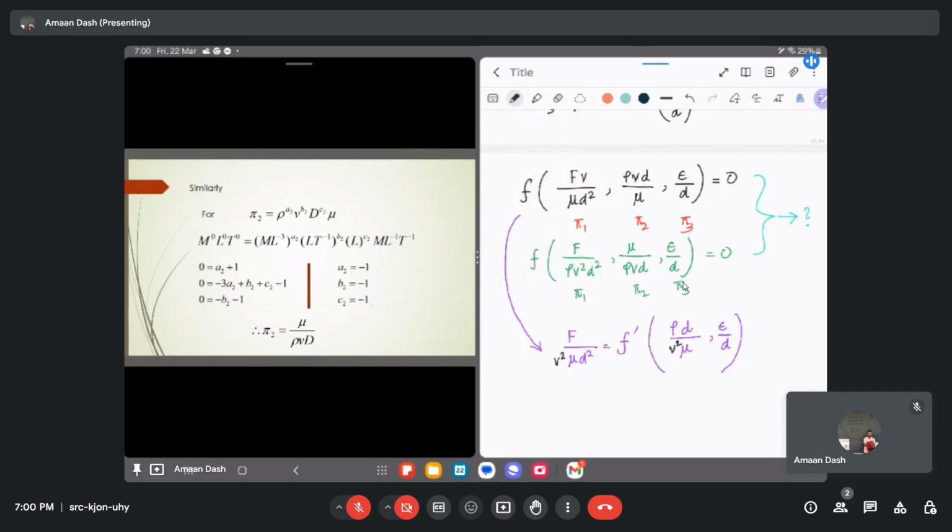Now what I will be doing is I will be multiplying with d square, dividing by, okay, d square here already it is there. So I'll divide by rho. So here also it will be coming rho, and then I'll multiply with mu.